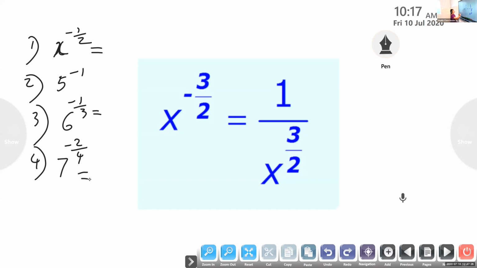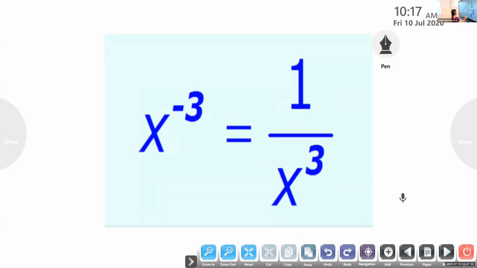Write all these answers. I didn't understand. Okay, which one? This one or the previous? See, the previous slide shows x raised to minus 3 equal to 1 by x raised to 3.